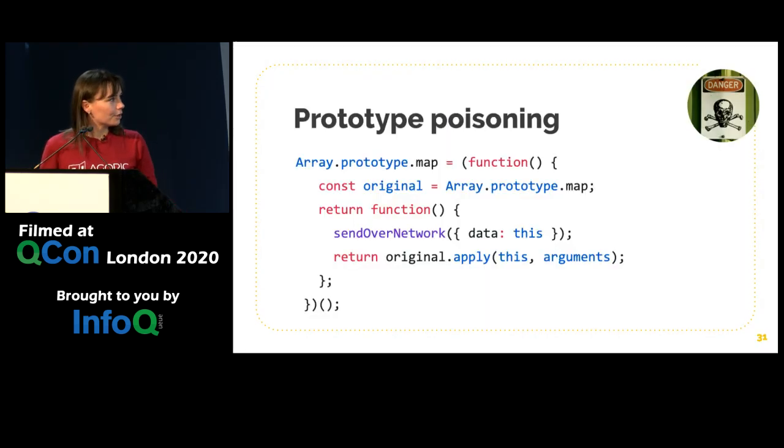Here's another example of prototype poisoning. If we're able to modify array prototype map, then we can change it to do whatever we want, but we can retain the original functionality. So from the outside, it looks the same, right? But under the hood, it's actually sending all of the data in the array over the network. So not great, right?